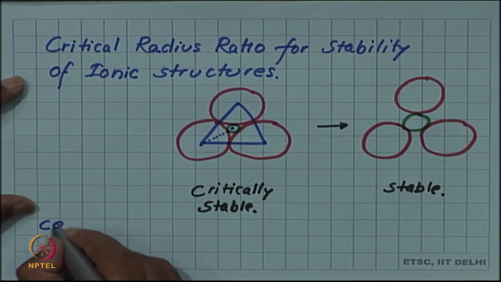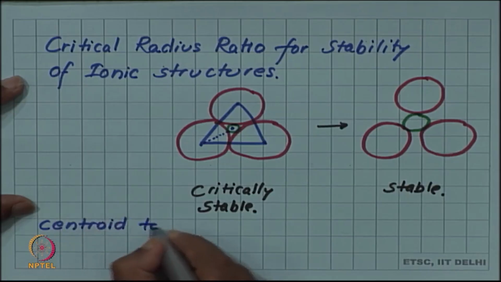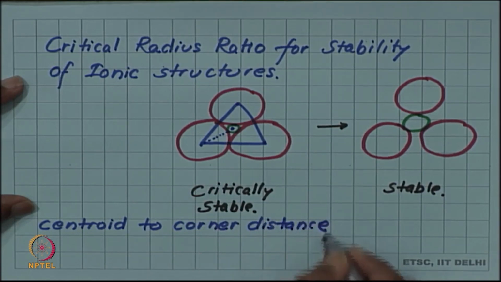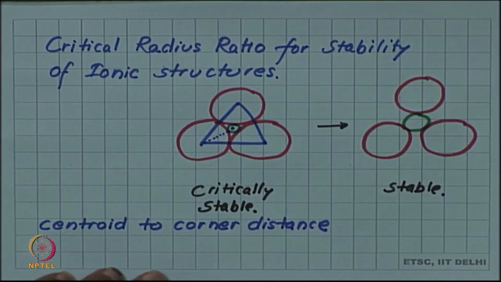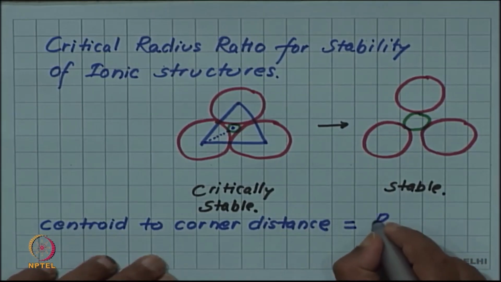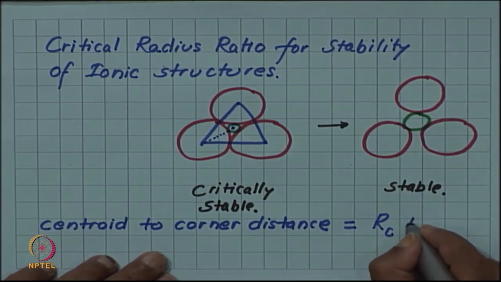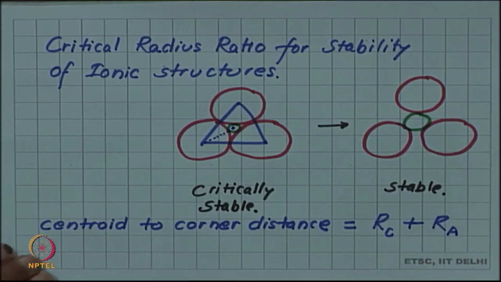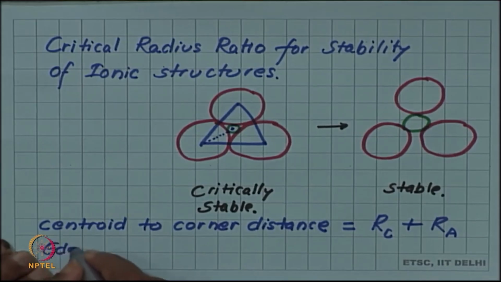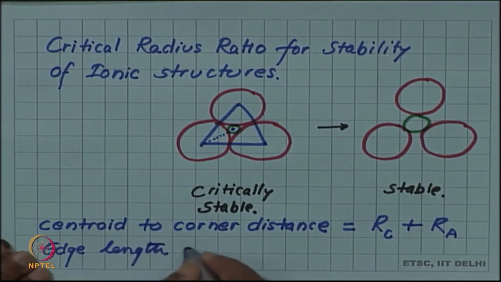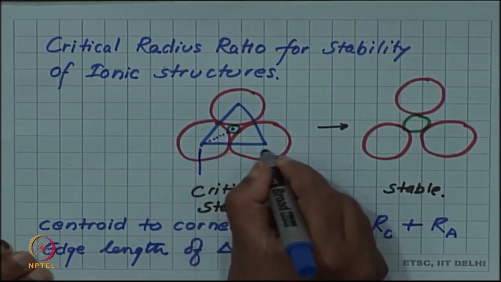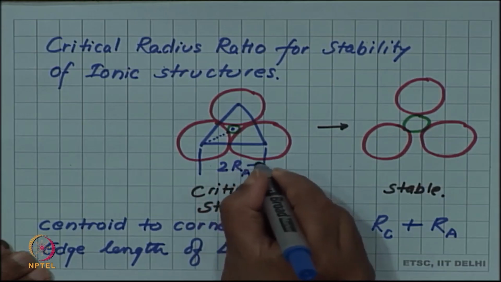The centroid to corner distance should be R cation plus R anion, whereas the edge length of the triangle is equal to 2 R anion.